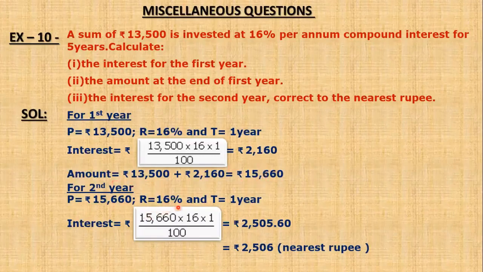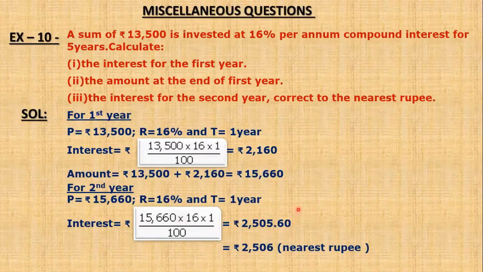Rate 16% and time 1 year. So interest is equal to, again we will use PRT upon 100, that is 15,660 by 16 into time, that is 1 year upon 100. On calculation we will get rupees 2,505.60.